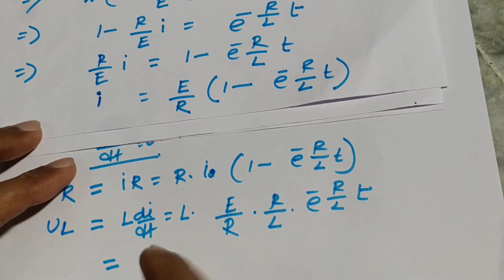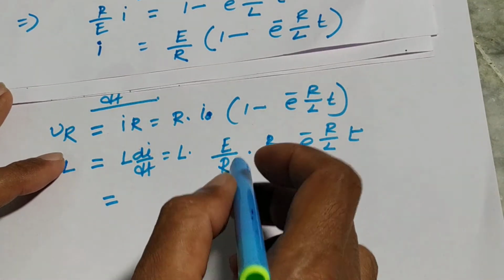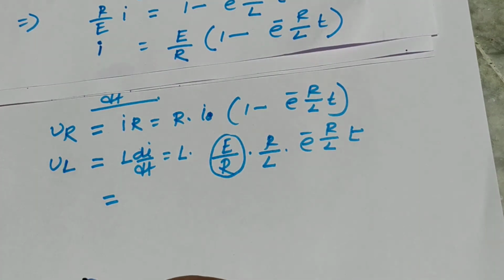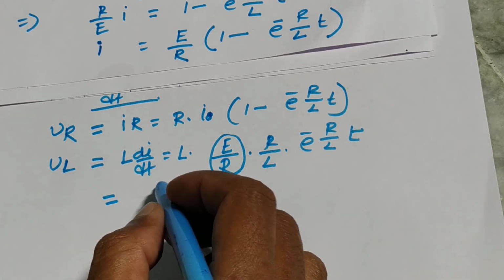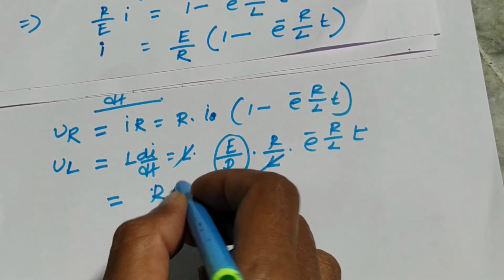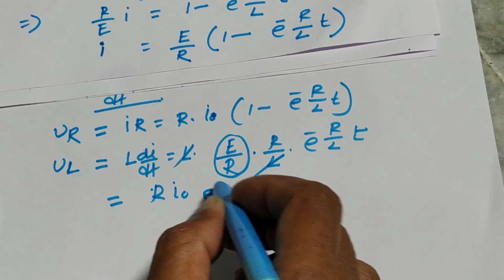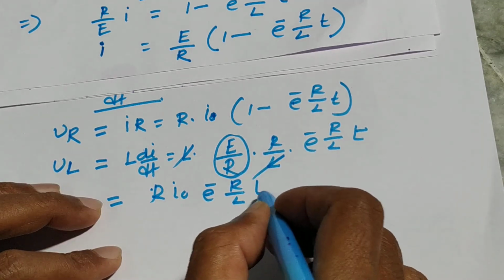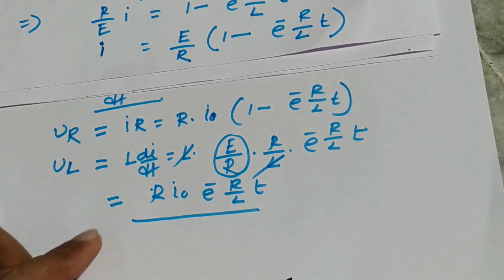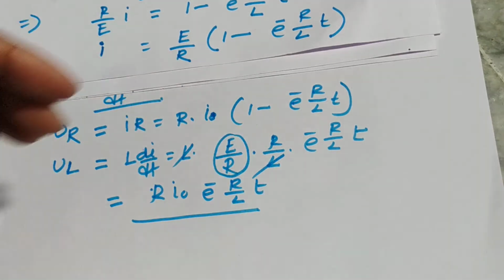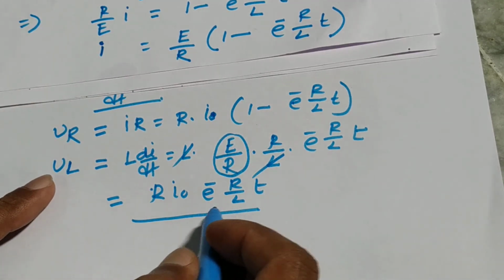Or this is equal to, this is I0. Okay, so L cancelled, so R I0 exponential minus R by L into t.